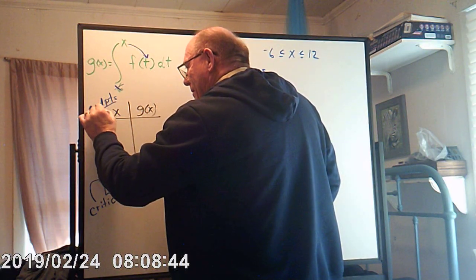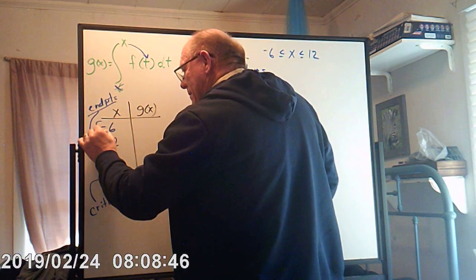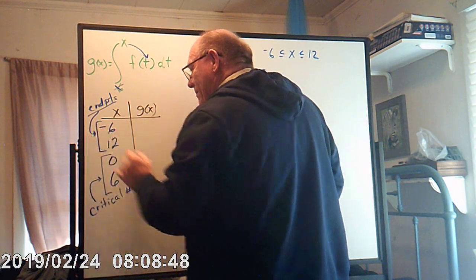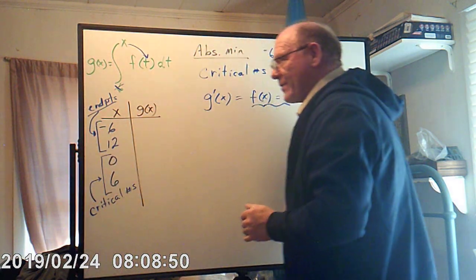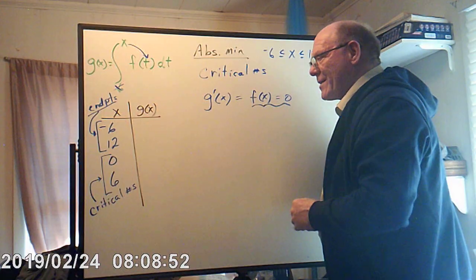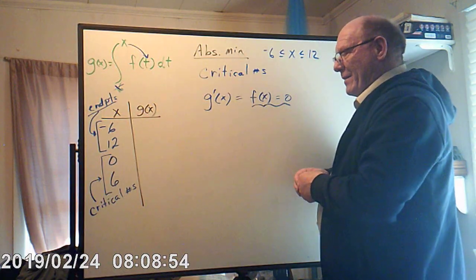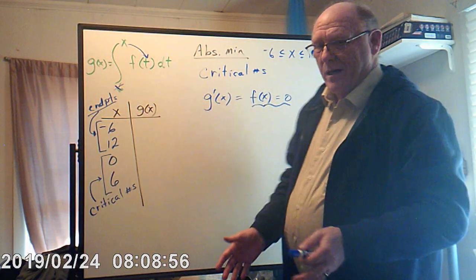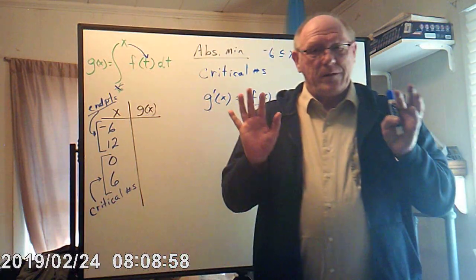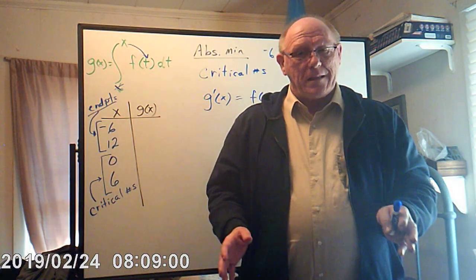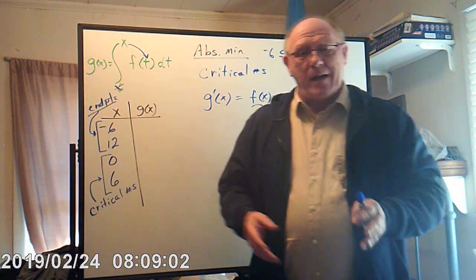Because the extreme value theorem says to look at the extreme ends. So we have to look at endpoints and critical numbers. If you don't get anything else out of this, know that you have to do that.